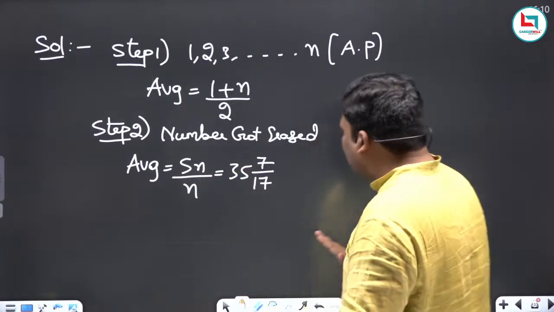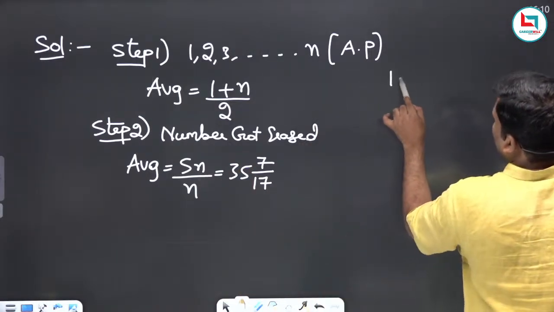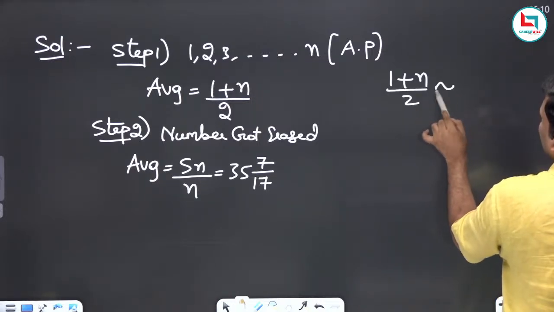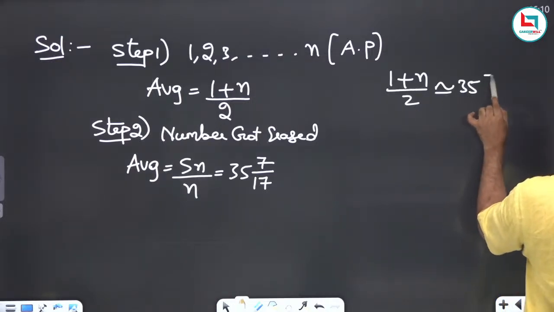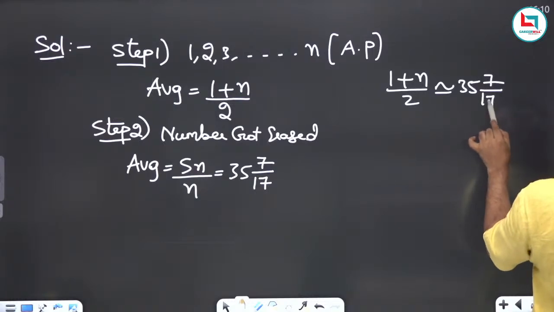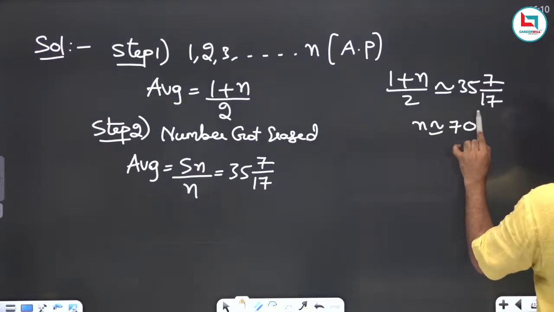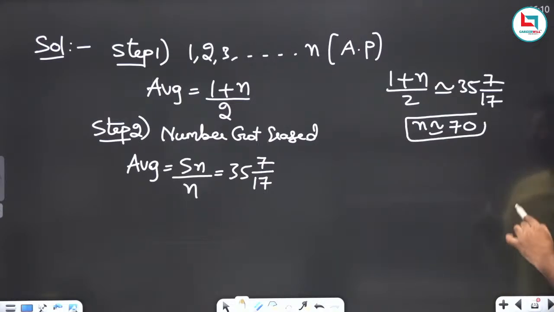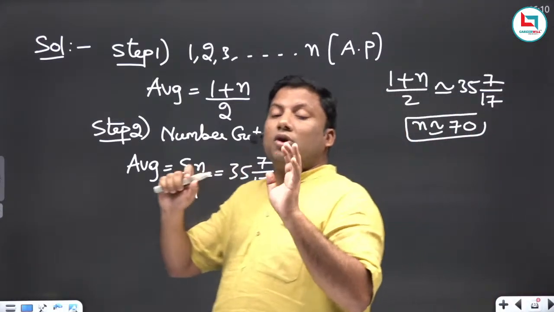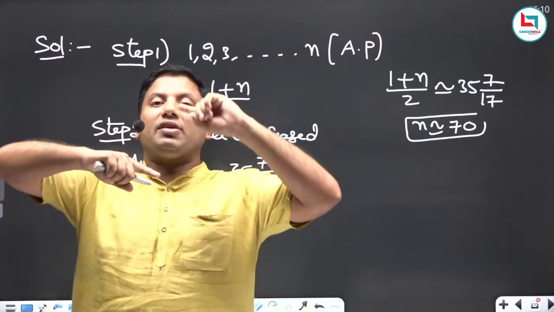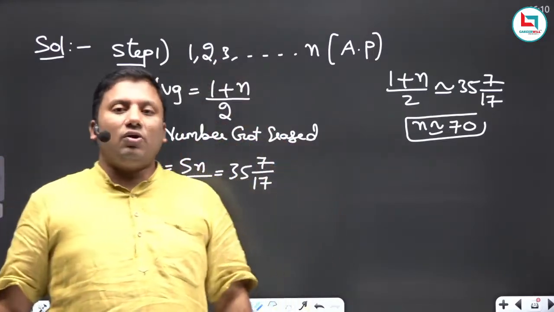Now think logically. The actual average is first term plus last term by 2. Can I say it is approximated to 35 7 by 17? Can I say n will be closer to 70? I am not saying that n is 70. I am saying that the value of n moves around 70. Why?